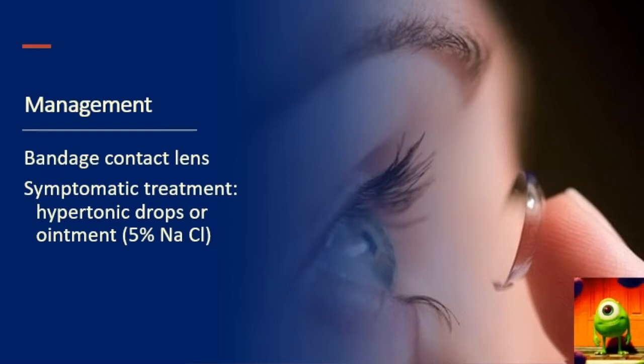Other than that, bandage contact lenses could also prevent the formation of a stagnant tear film during sleep, which supposedly could cause fragile epithelial cells to adhere to the eyelid. But bandage contact lenses prevent that. Then for symptomatic treatment, we use hypertonic drops and ointment, such as, for example, 5% sodium chloride.